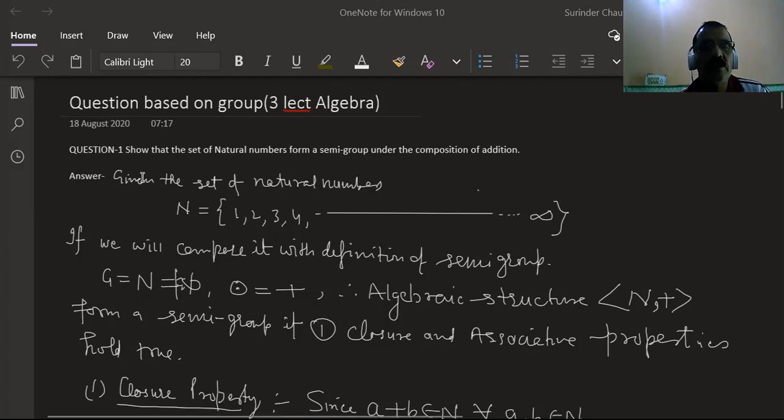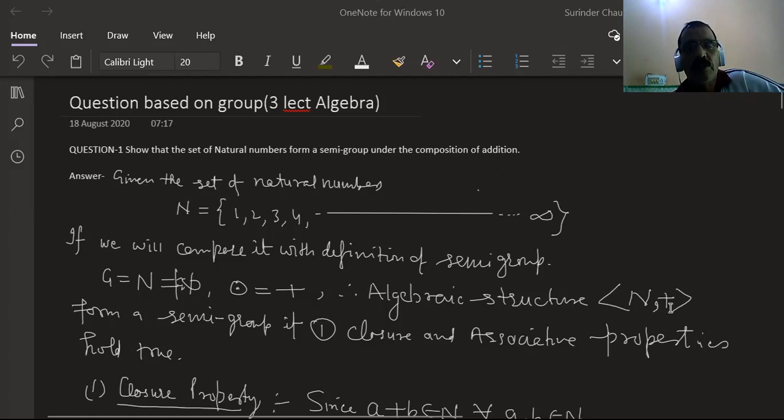So for that let us take the first example: show that the set of natural numbers forms a semigroup under the composition of addition. The algebraic structure is natural numbers with the binary composition of addition.